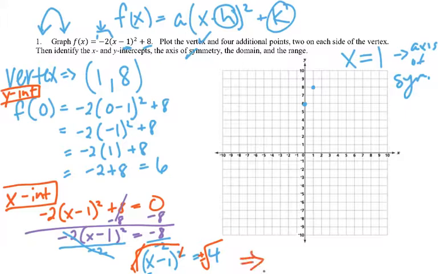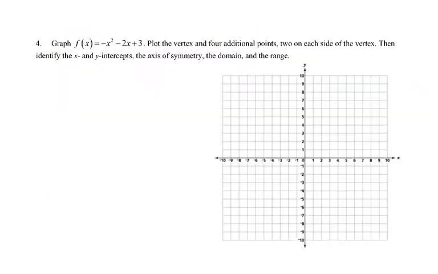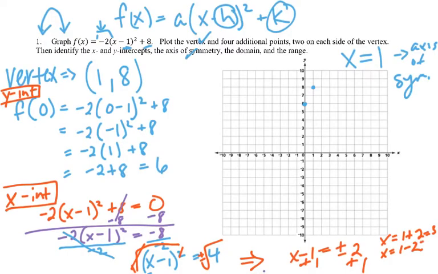So that leads us to having x minus 1 equals plus or minus 2, since the square root of 4 is 2. Then we add 1 to both sides, which gives us our two answers for our x-intercept. X equals 1 plus 2, and x equals 1 minus 2. So that gives us x-intercepts of 3 and negative 1.